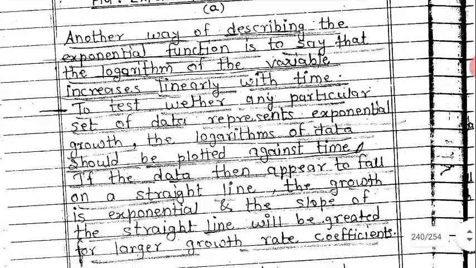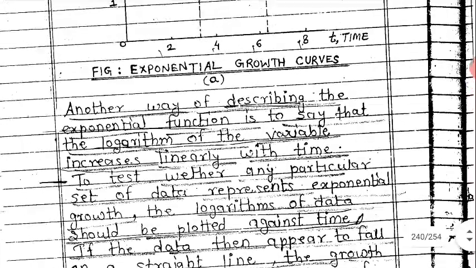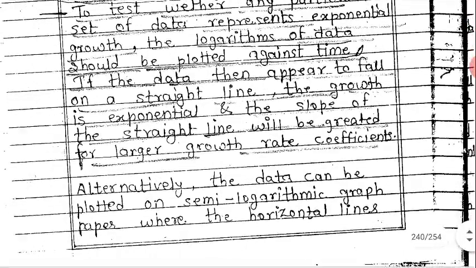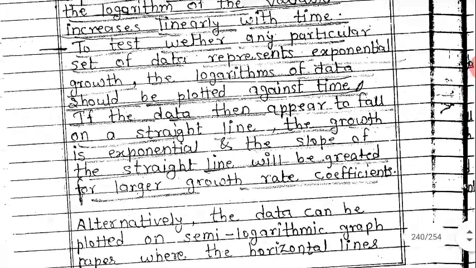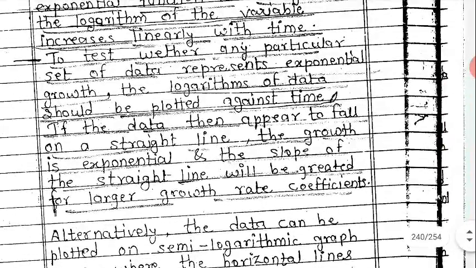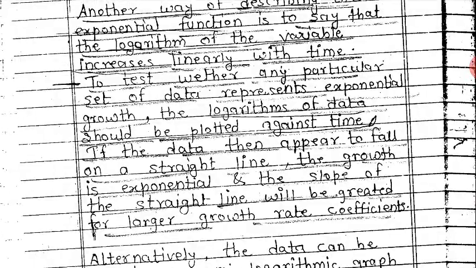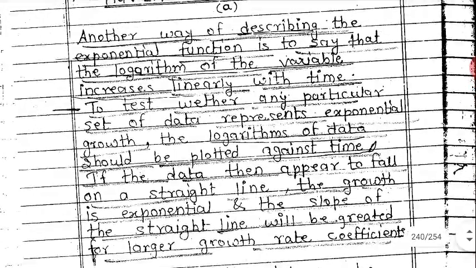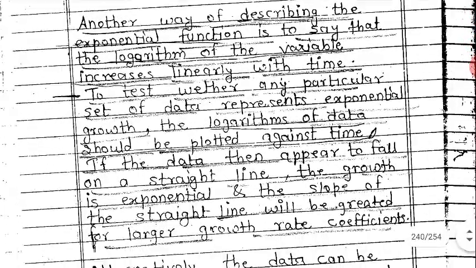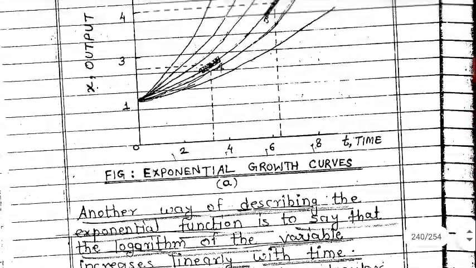If a particular set of data represents exponential growth, the logarithm of that data should be plotted against time. If the data then fall on a straight line, the growth is exponential, and the slope of the straight line will be treated as the growth rate coefficient.